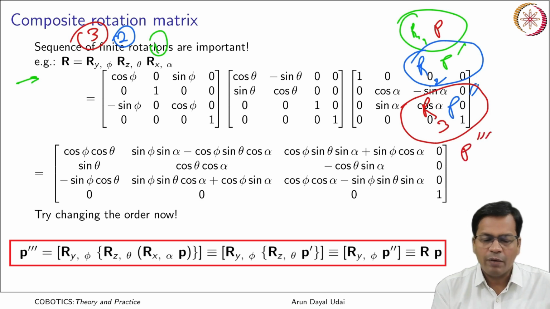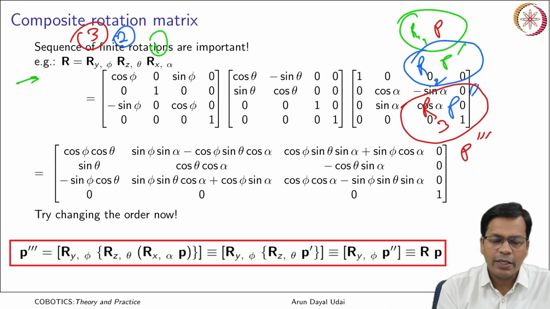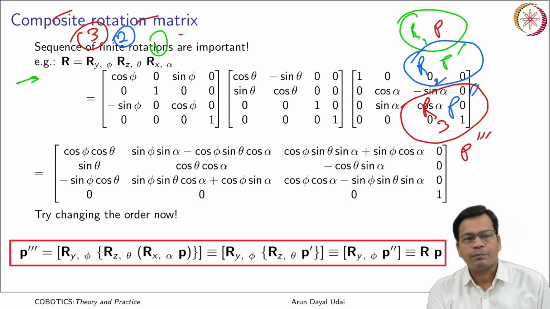Got it? So, every multiplication is an operator on the previous result. So, that is why it is applied one after the other about the same reference frame. That is the reason it is pre-multiplied one after the other. So, order goes like 1, 2 and 3.